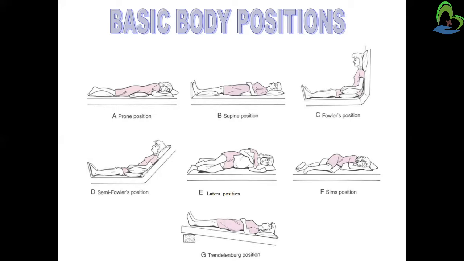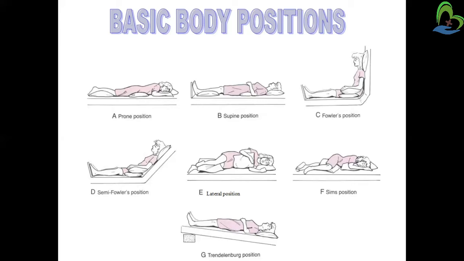In Fowler position, a 90 degree angle is created, and we can apply pillows under our hands and head for comfort. Then D is the semi-Fowler position, which denotes a 45 degree angle, and as with Fowler, we can put pillows under the head and hands for comfort.